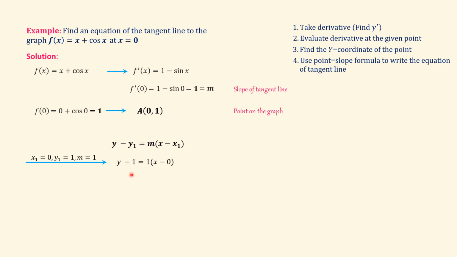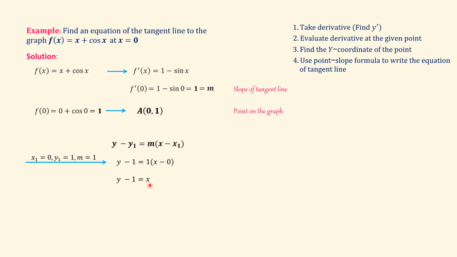You can leave the equation in this form, or you can simplify it and solve it for y. To solve this equation for y, first I multiply 1 in this bracket. 1 times x is x, 1 times 0 is 0, so y minus 1 is x.